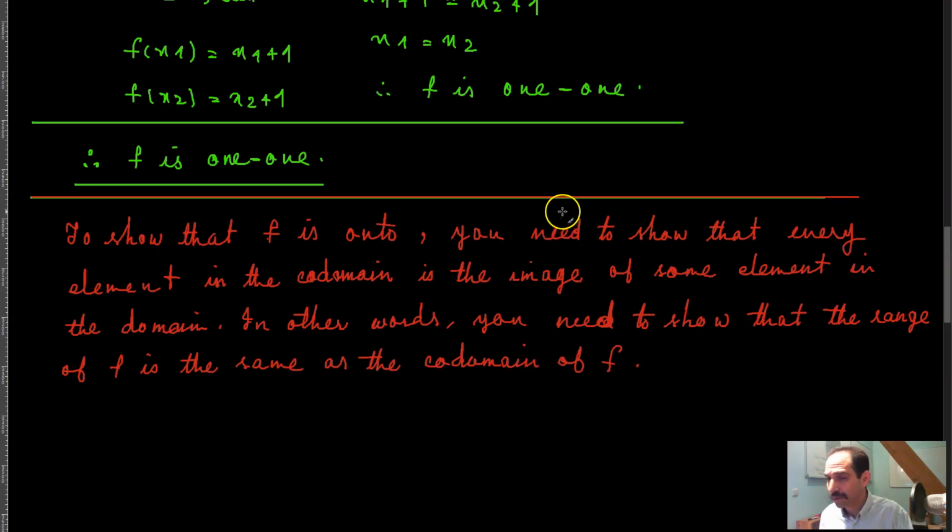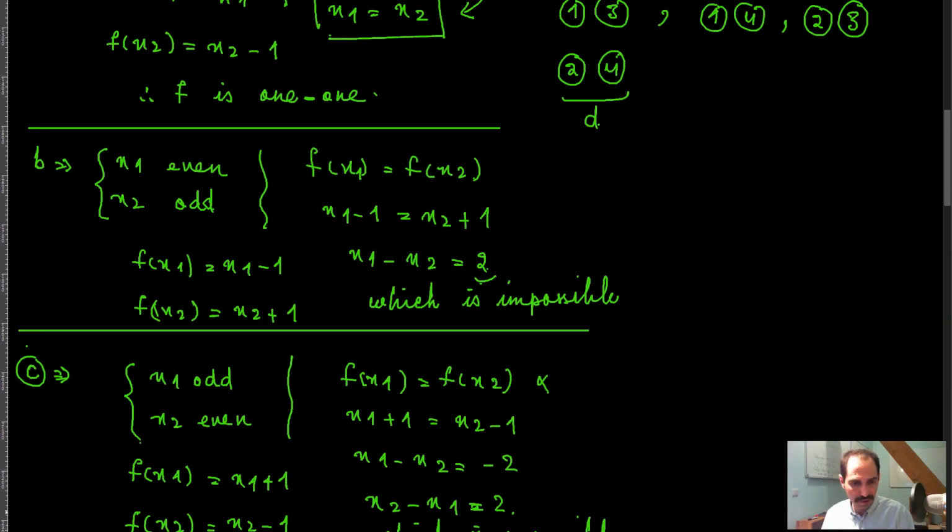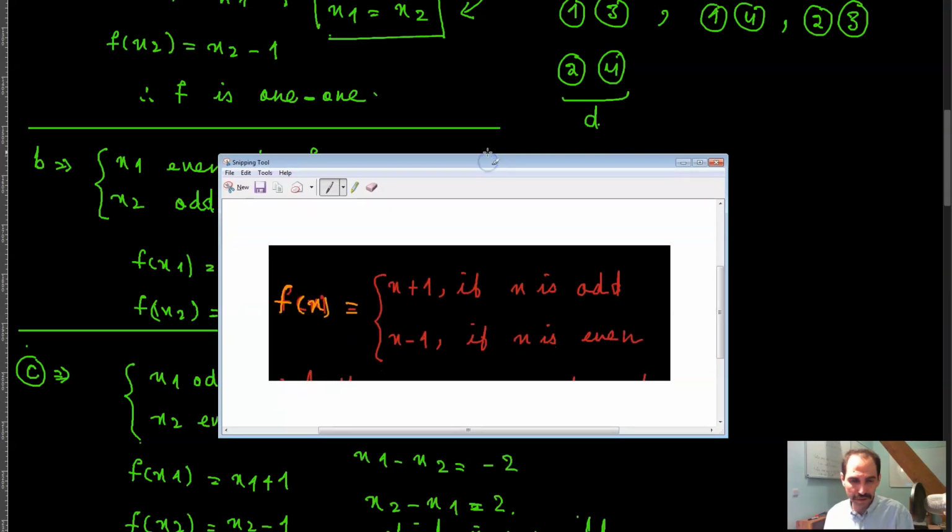So basically what we need to show is that, now the function that we have is this function here. We have f of x is equal to x plus 1 if x is odd and x minus 1 if x is even.